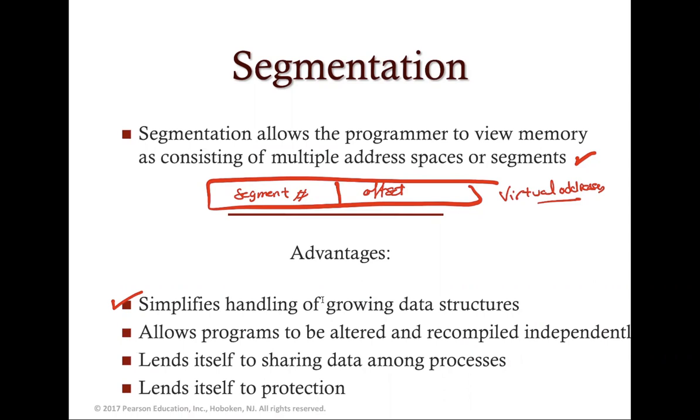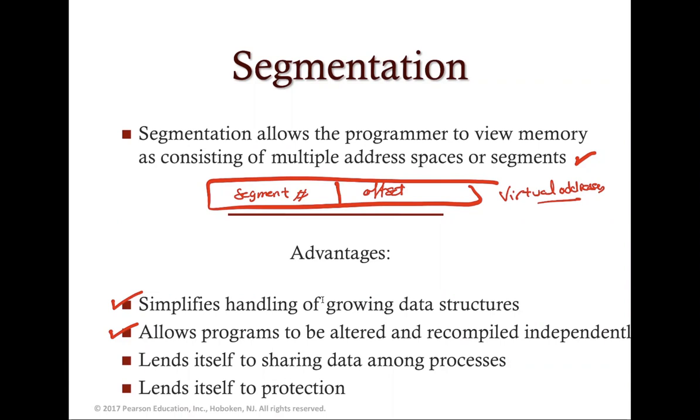The second advantage of using virtual segmentation is that it allows programs to be altered and recompiled independently, without requiring the entire set of programs to be relinked and reloaded. Again, this is accomplished using multiple segments.